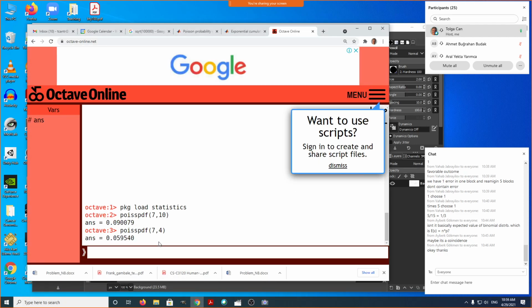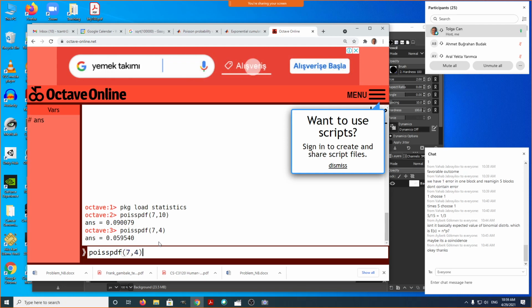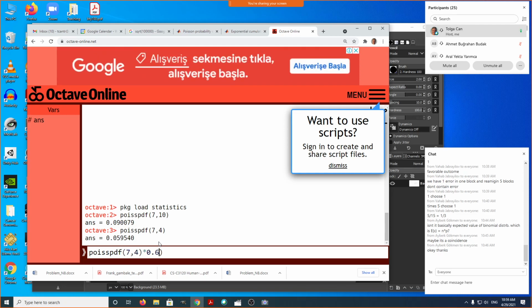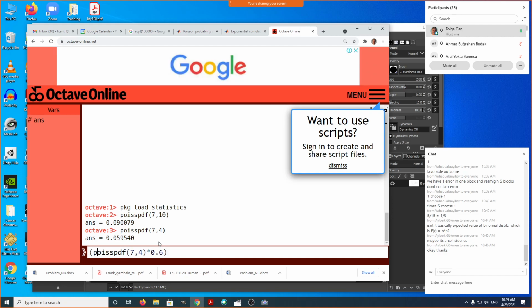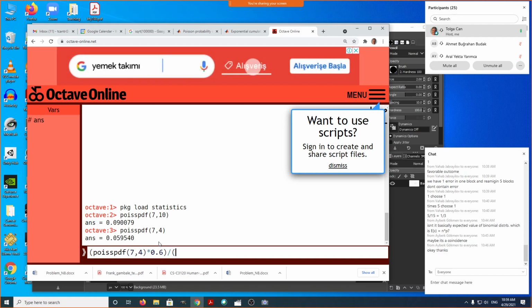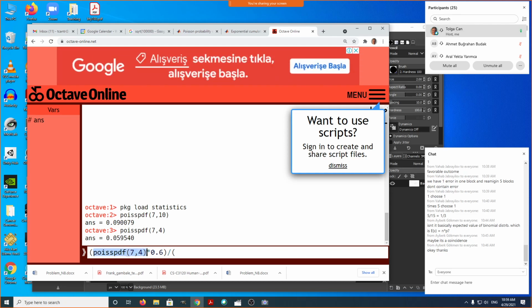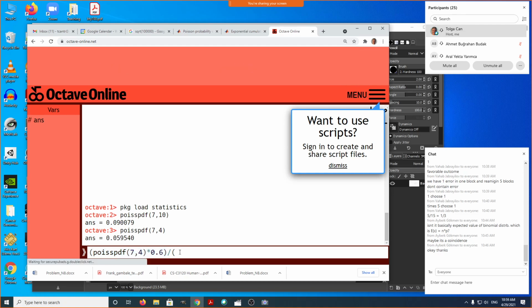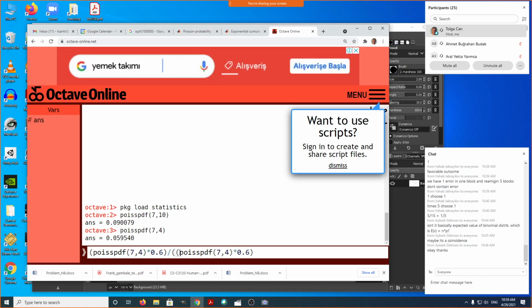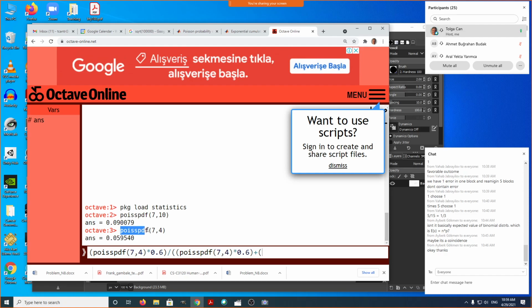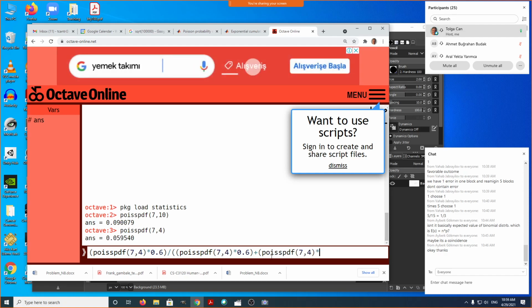So our answer is the Poisson PDF times 0.6, the probability that we have a thunderstorm, divided by this exact same thing. Let me just copy it here. This one plus Poisson PDF 7, 4 times 0.4.